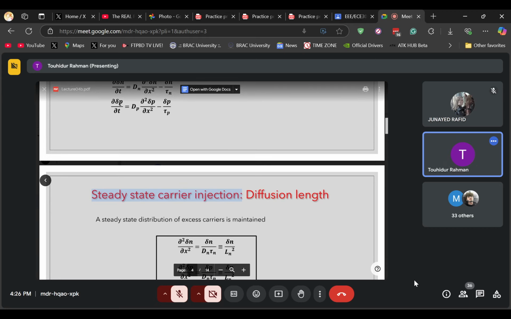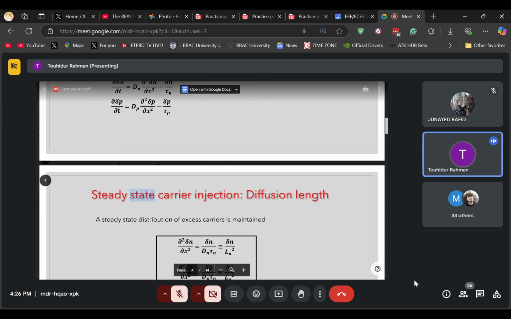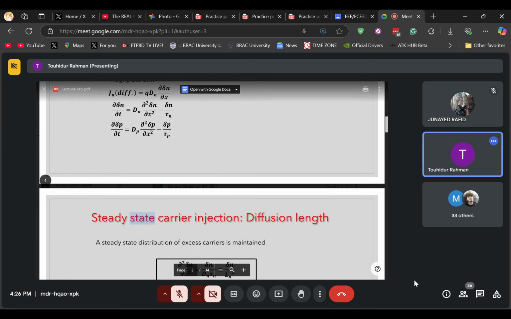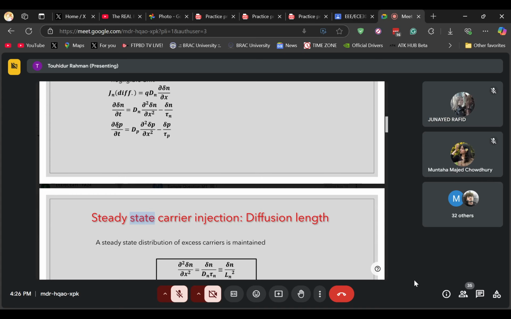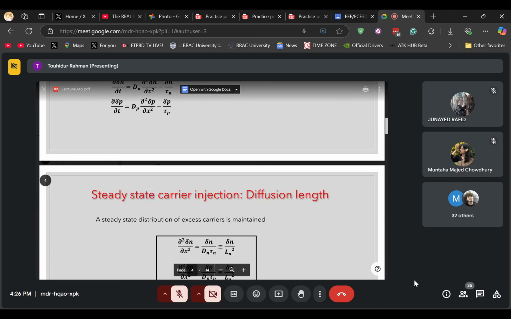That represents the change in time, but we say we don't want any change with time. If there is no change in time, what is the value of the left hand side of this equation? Zero, because no change in time means this derivative will become zero. If that derivative becomes zero, we have only these two terms, and then we can divide the entire equation by Dn or Dp.